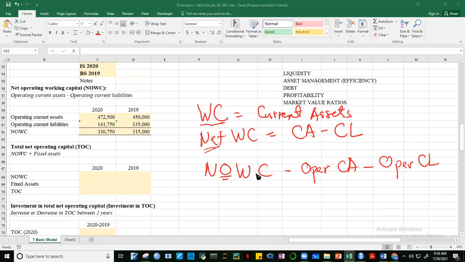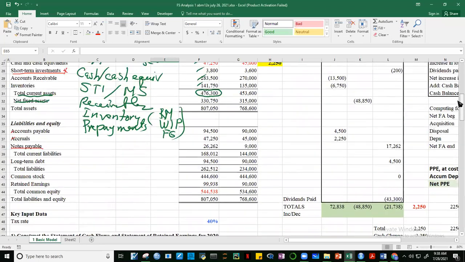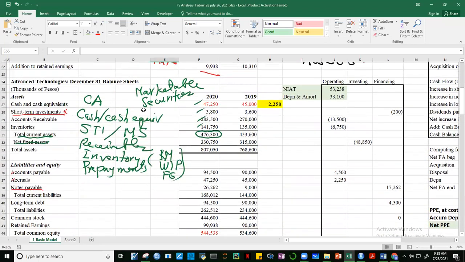Okay. Ang operating current assets, by the way, Marco, thank you so much for the question. Ang operating current assets, guys, ang kasama lang dyan, yung mga current assets under the quote-unquote control of operations. Kaya nga operating current assets. Kasi ang gagawin natin dito, i-assess natin yung performance ng operations, kung okay ba yung performance nila. So, hindi natin pwedeng isama yung short-term investments kasi wala naman silang control doon, di ba? Parang unfair. Kunyari tayo yung operations, tapos i-assess yung performance natin.